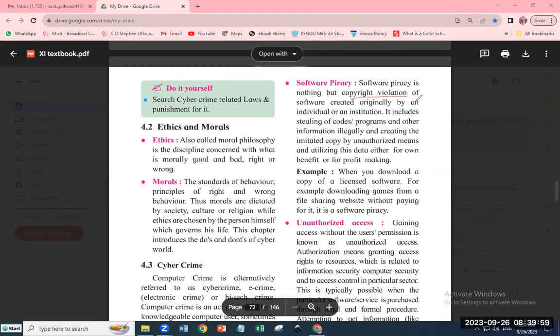If I want, I can give it for copying, for publishing, or for rendition, whatever it is. The rights are with me, and I want to enforce them. But those rights are violated, those rights are broken, and misuse of that particular information is done. That is software piracy.